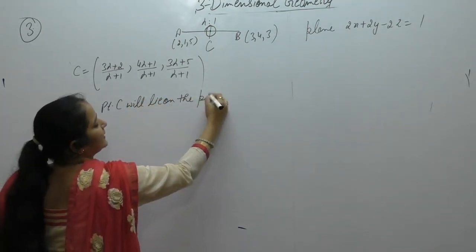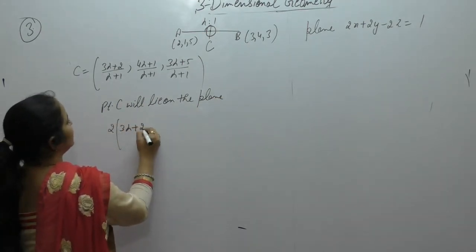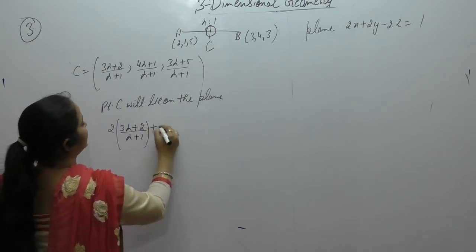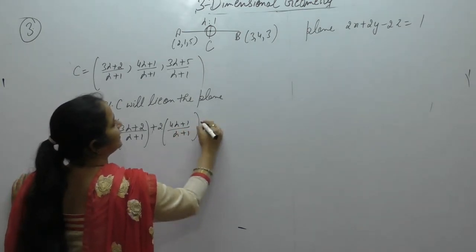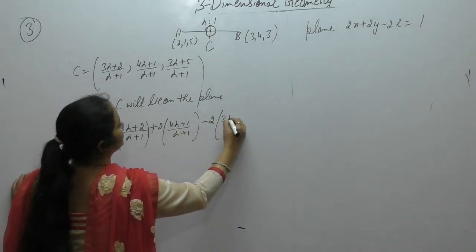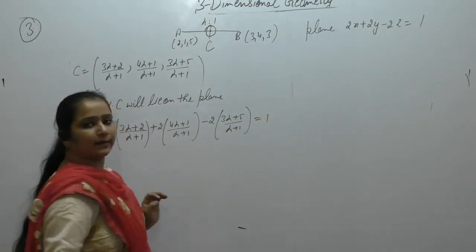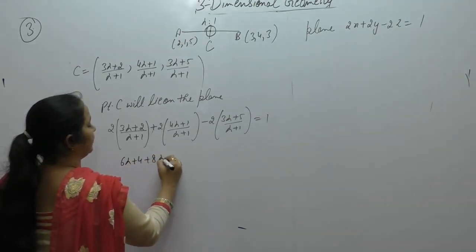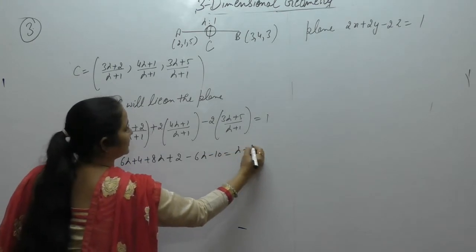We have the equation of the plane, 2x + 2y - 2z = 1. Instead of x we put the value of the coordinate, then 2y, where y is (4 lambda + 1)/(lambda + 1), minus 2z. By taking the LCM, lambda + 1: 2 into 3, 2 into 2, 2 into 4, 1 into 2, minus 2 into 3, 5 into 10.